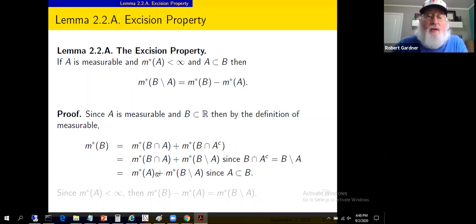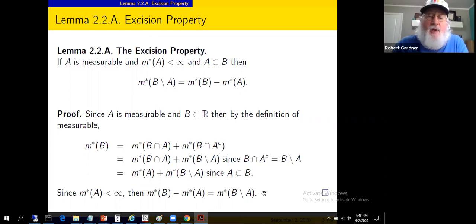So we've got then the outer measure of A plus the outer measure of B set minus A, based on the observation that B intersect A is A itself, since A is a subset of B. Since the outer measure of A is finite, we can just subtract that from both sides and get the claim.